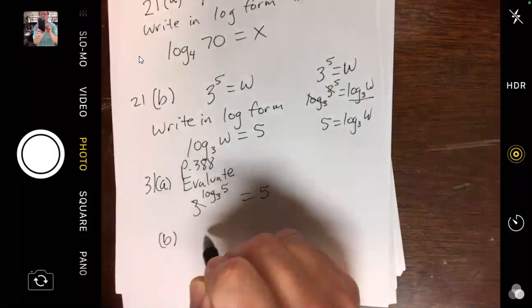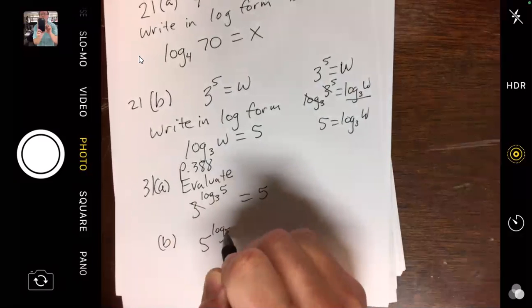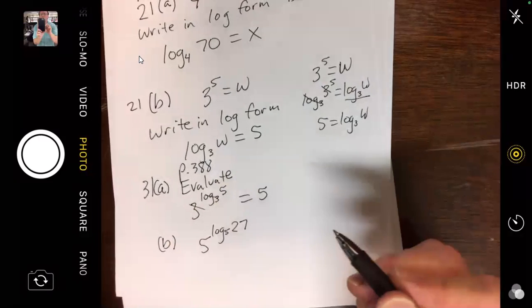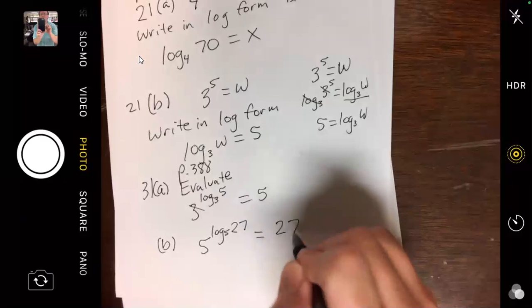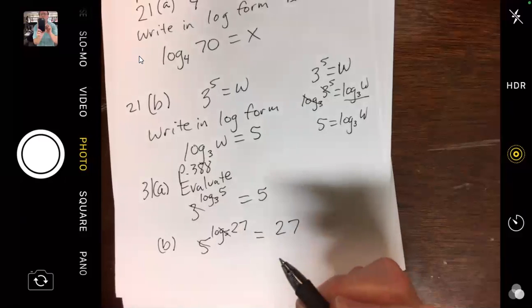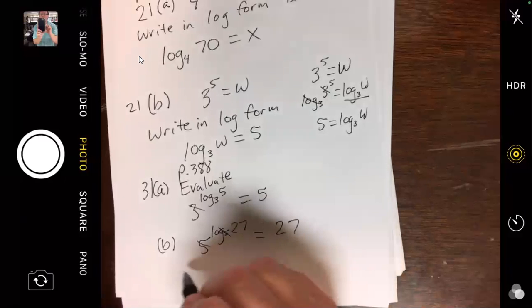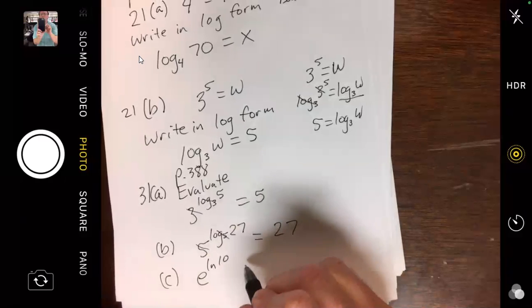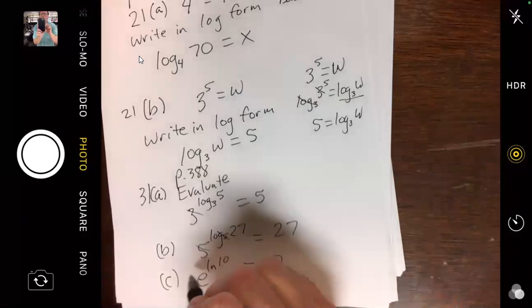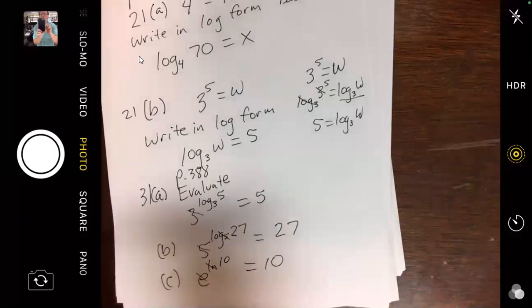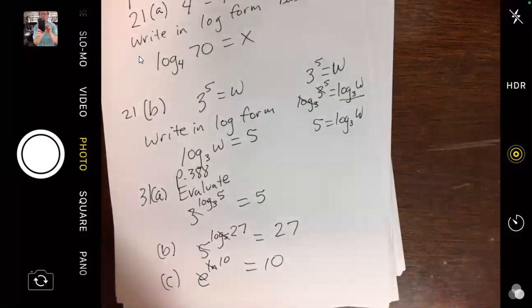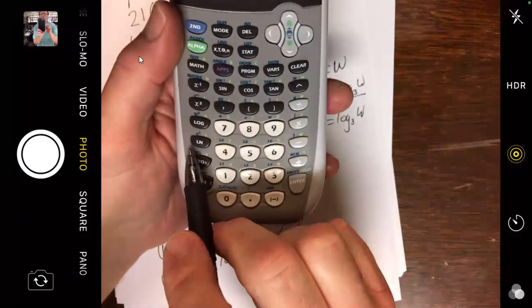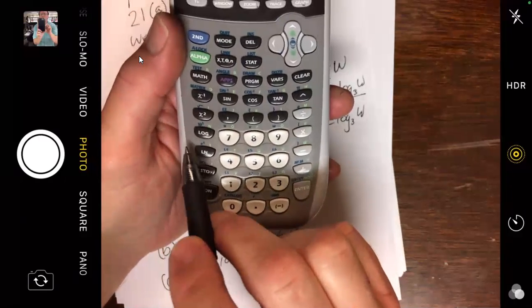B, 5 to the log base 5 of 27 would indeed equal 27. These cancel. C, e to the ln of 10. Yes, would indeed come up 10. Base e, base ln, they're on your calculator on the same key. That's the notation for base e. They undo each other.